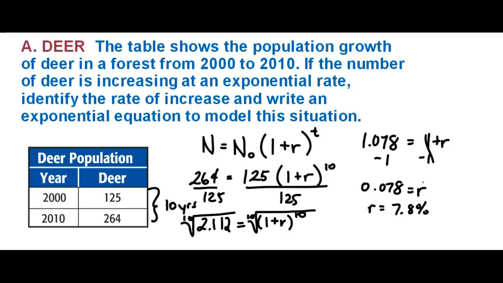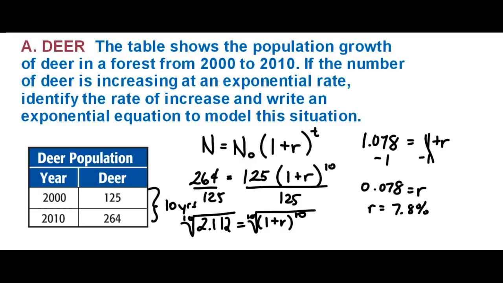To write an exponential equation to model this, we could write 264, or actually, let me erase that real quick. What I want to do is leave it open to figure out.